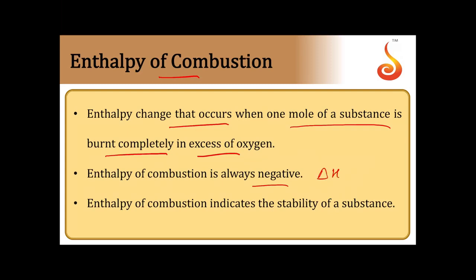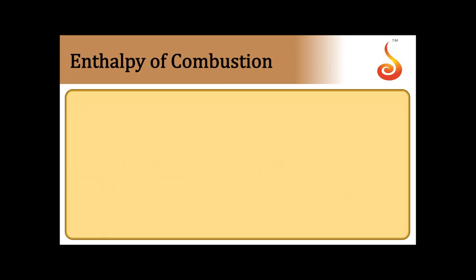So the delta H value for heat of combustion will always be negative. Enthalpy of combustion also indicates the stability of a compound. The enthalpy change that occurs when 1 mole of substance is completely burned in excess of oxygen is said to be enthalpy of combustion, and it is always negative.